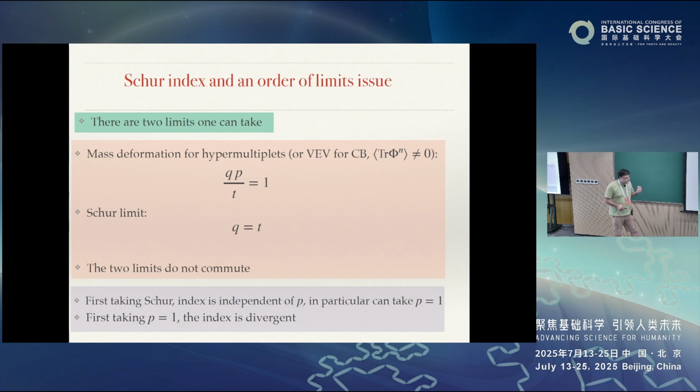But since the index is independent of P, nothing is singular when you first set Q equals T and then P equals 1. But if you reverse the order of these limits, you first set P equals 1, then the index badly diverges. If you wish, if you first set QP over T equals 1, the index trivializes, it's equal to 1, and it's also consistent with Q equals T and not depending on P.